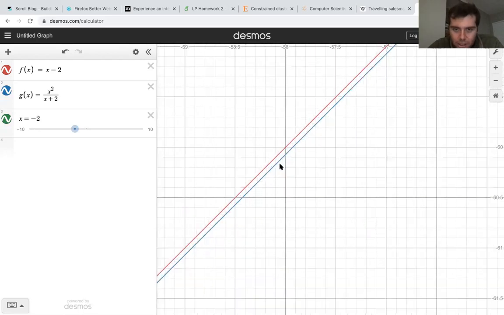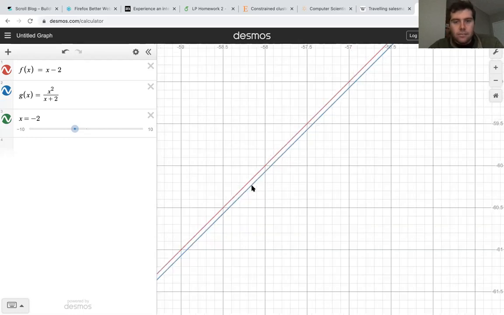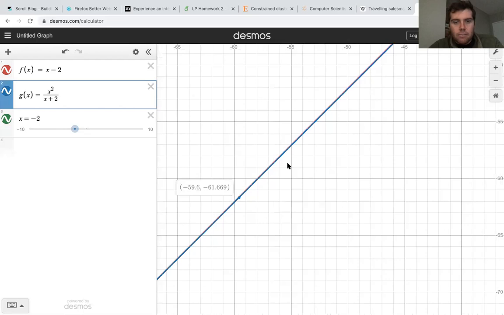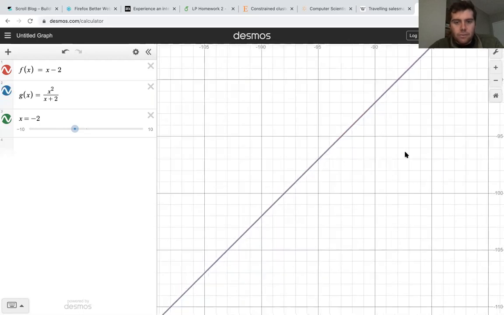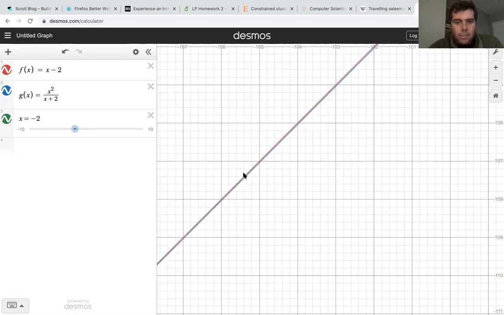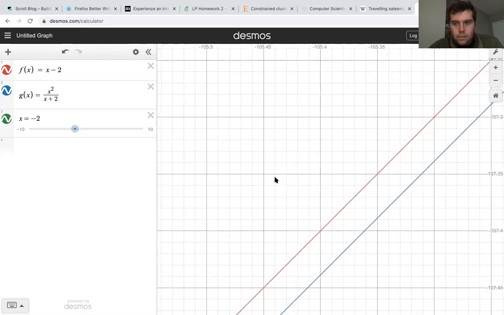Eventually we see, oh, look, there's a tiny bit of space between them. But the grid lines are showing that the difference is really less than 0.1. And if we scroll down even further, we have to zoom in much further to see any noticeable difference. So over here, the difference is on the scale of about 0.05.